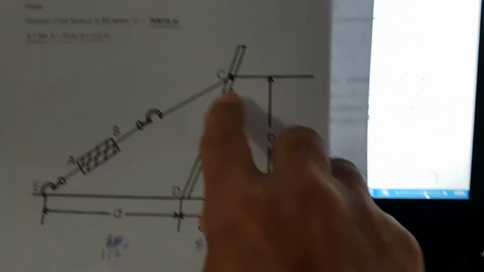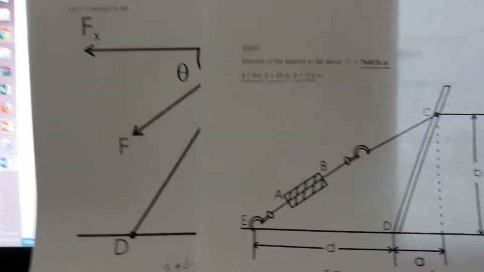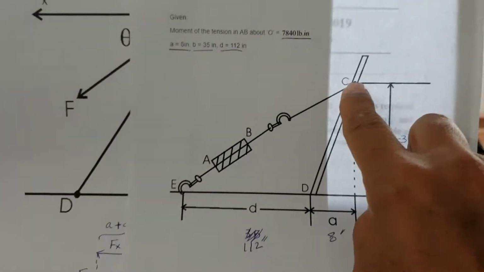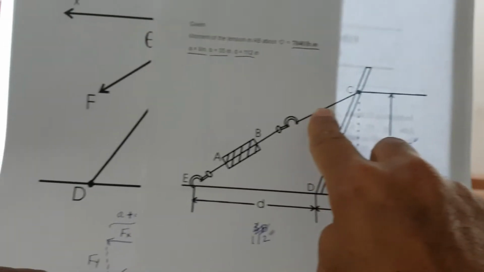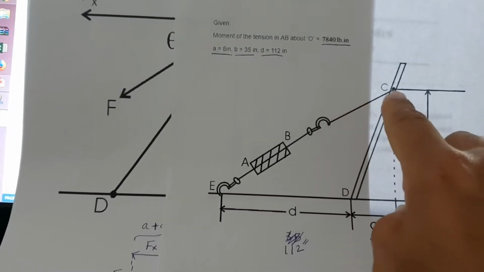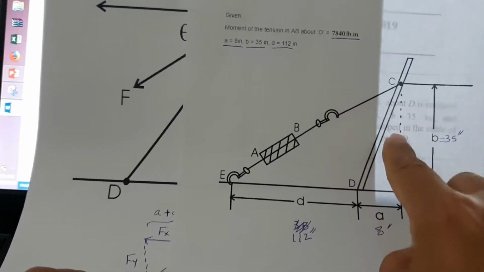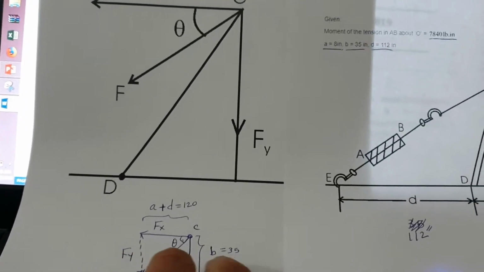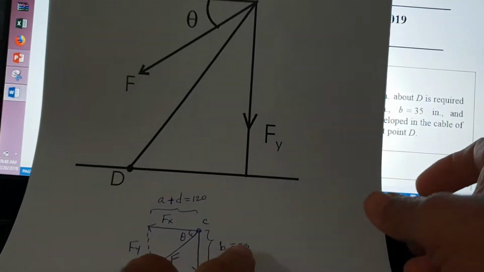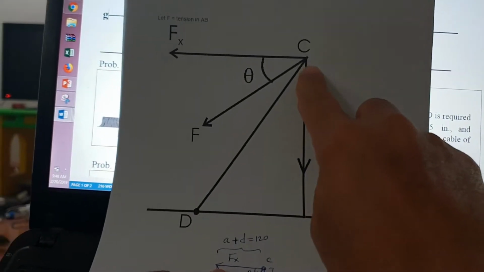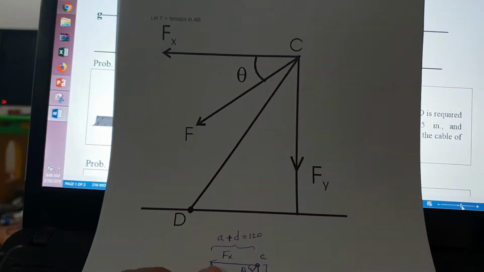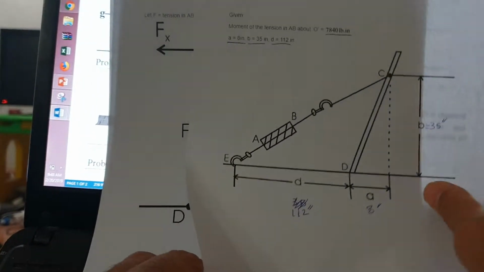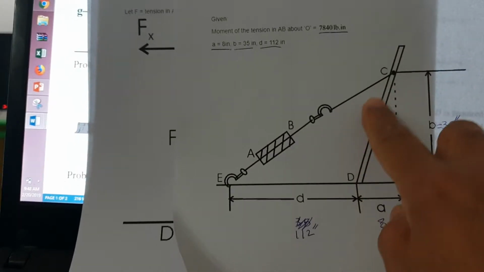Let's take point C. At point C, you can see that there is one force, the tension. You could analyze this tension as having one force in the X and one force in the Y. So let's look at the tension at point C. This is the bar CD, and this is the tension.